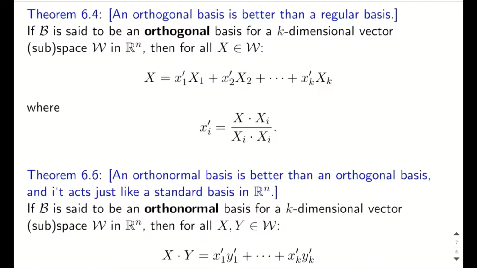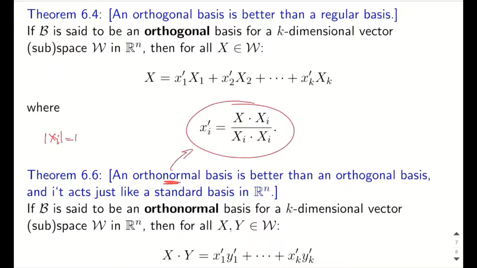Then you upgrade the orthogonal basis to an orthonormal basis. For example, if you compute the coordinate now, you know that the length of each xi is 1 because it is orthonormal, right?